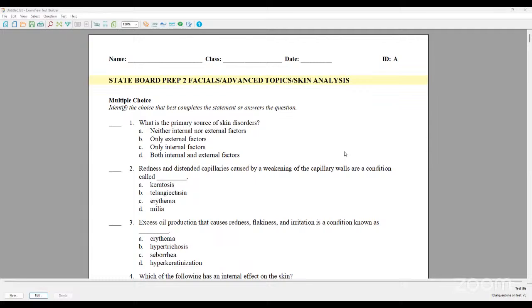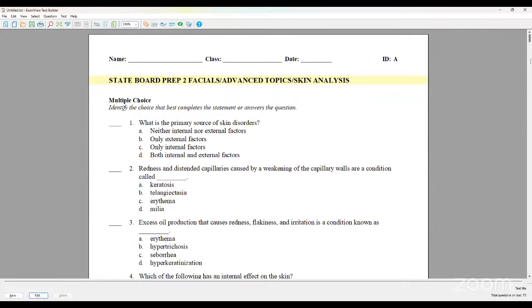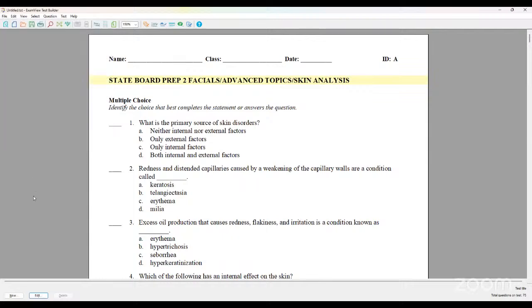This study guide, State Board Prep 2, facials, advanced topics, and skin analysis, is 75 questions. Of course, I will email it over to you individually, and I'll also post in the group.